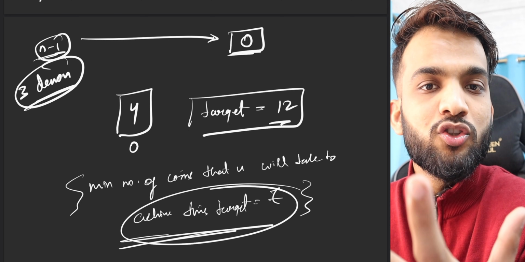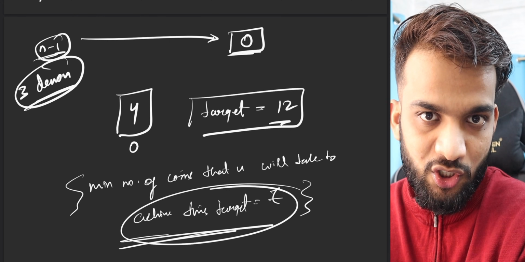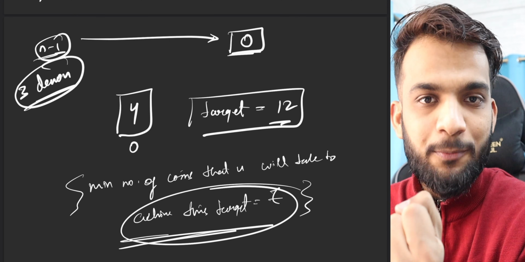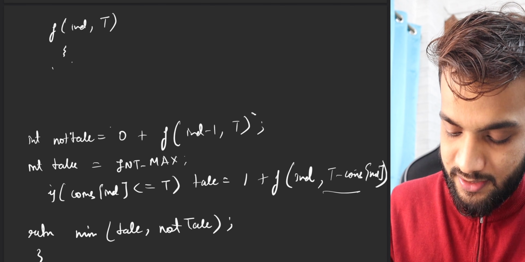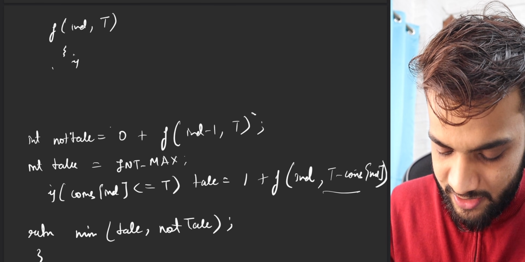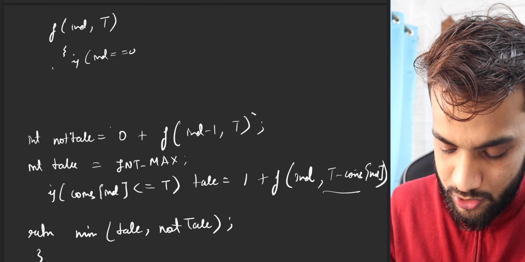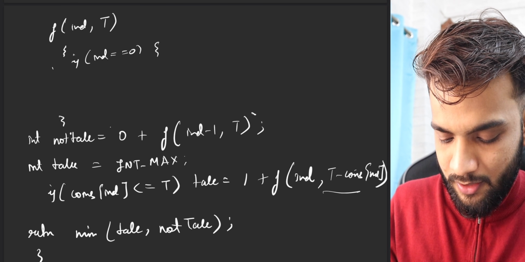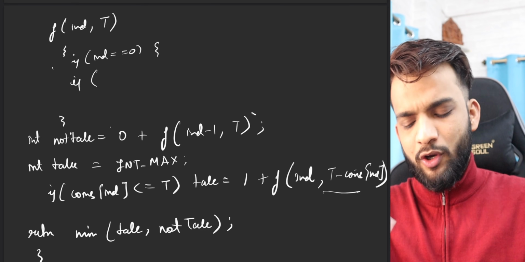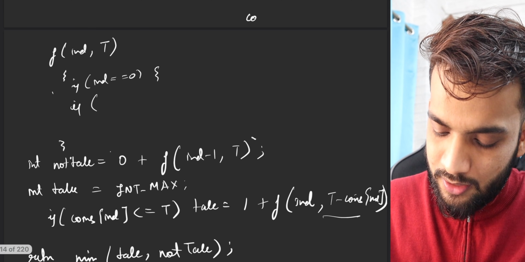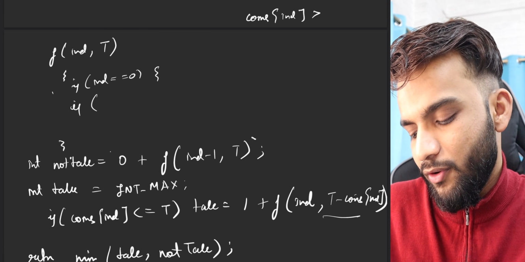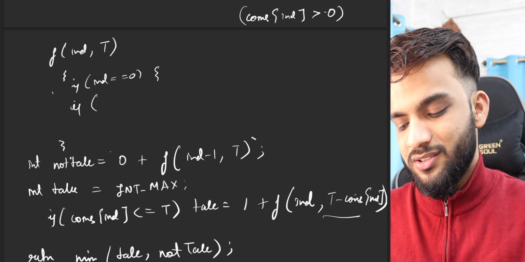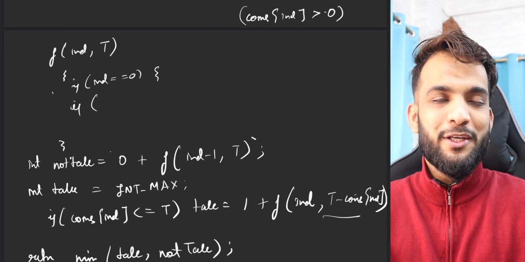No matter how many coins you bring, you cannot form it, so don't return 0, otherwise the minimum steps will be counted as 0. So let's write down the base case. The base case will be very simple. If index is equal to 0, then you'll have to write something. We are always assuming that the coins will always have a denomination greater than 0, because there will never be a denomination of coins like that.